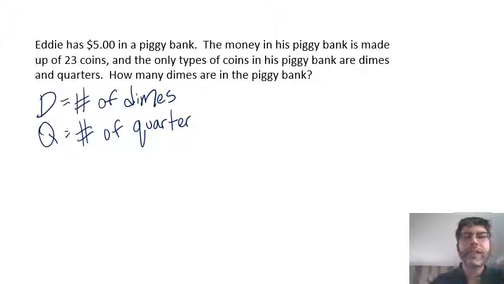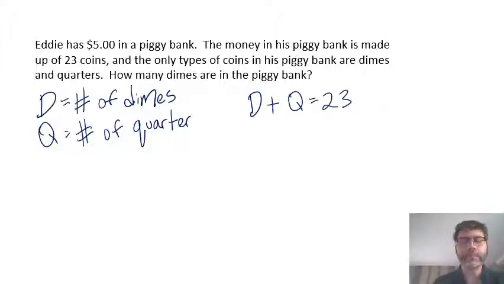Now we can come up with two equations. The first equation is that we know there are 23 coins made up of dimes and quarters. So if we add D, the dimes, plus Q, the quarters, we'll come up with 23 coins in all, because the only coins in there are either dimes or quarters.